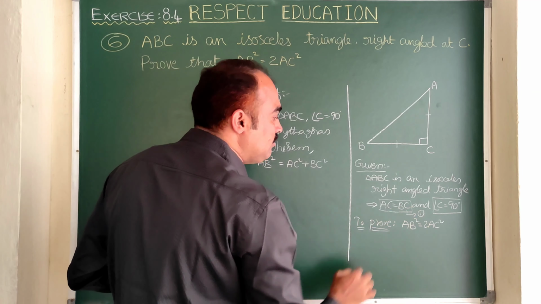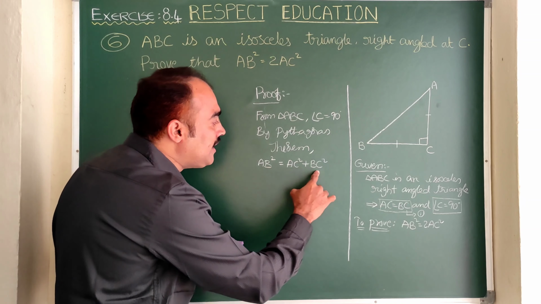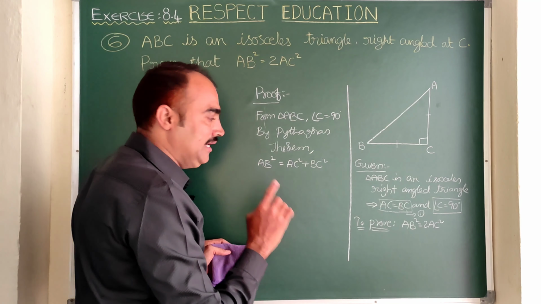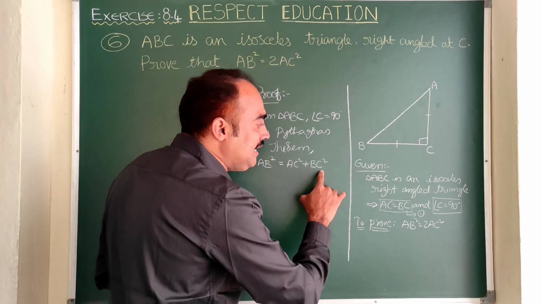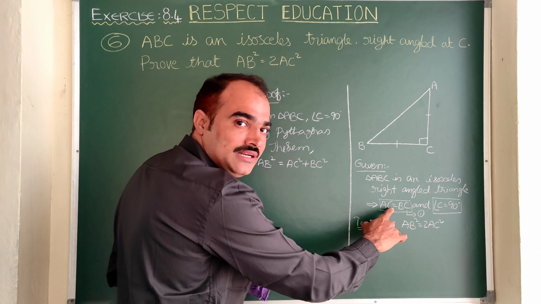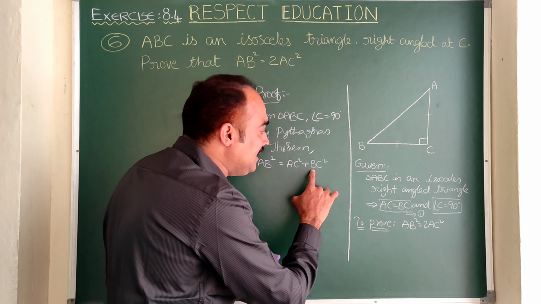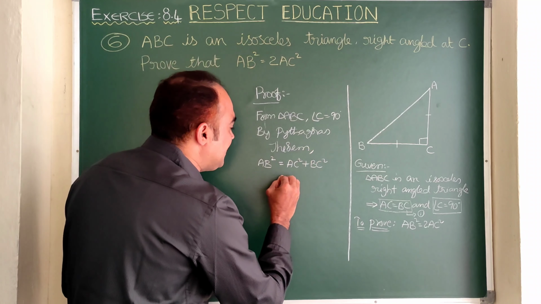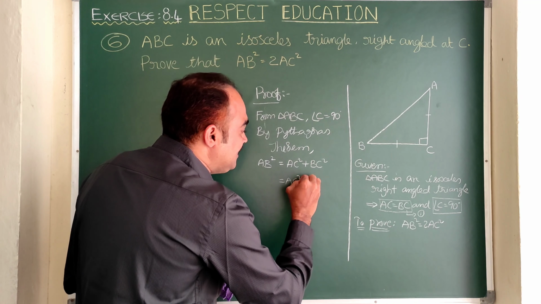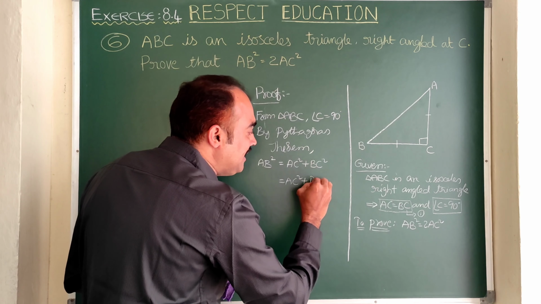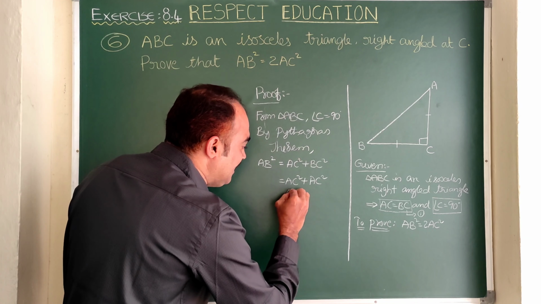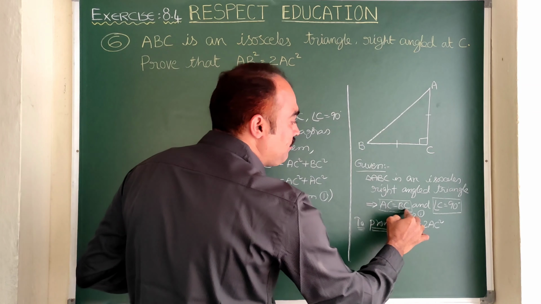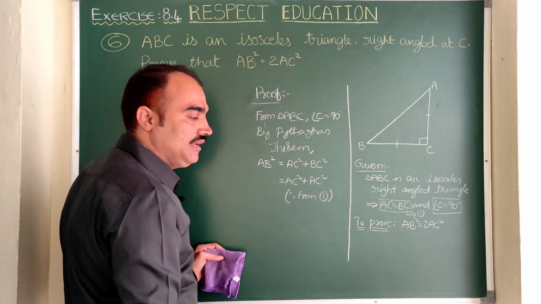Here you observe what is to be proved. AB square is to be 2 times AC square, but here we got AC square plus BC square. So here if we replace BC with AC using first equation, then it becomes AC square plus AC square. So let us write the same. Here AC square plus I replace BC square with AC square. Here I write the reason, since from 1 says that we can use AC in place of BC, right?